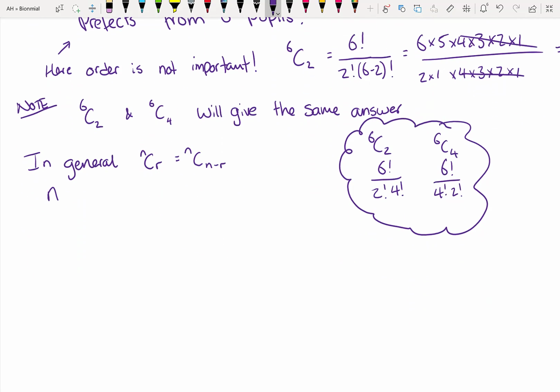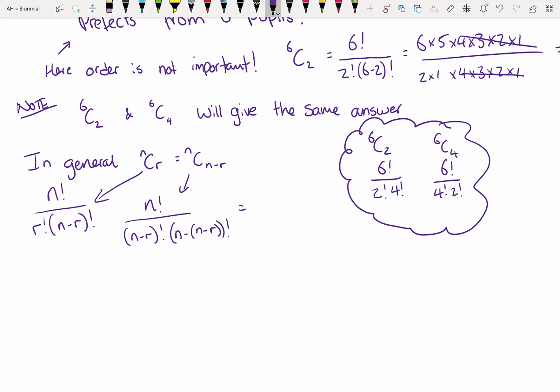Our formulas are n factorial over r factorial, n minus r factorial, and for this one, we've got n factorial over n minus r factorial, lots of n minus (n minus r), which is r factorial.